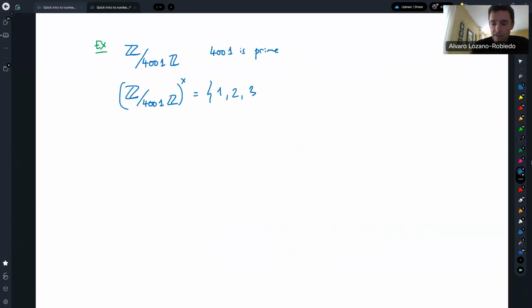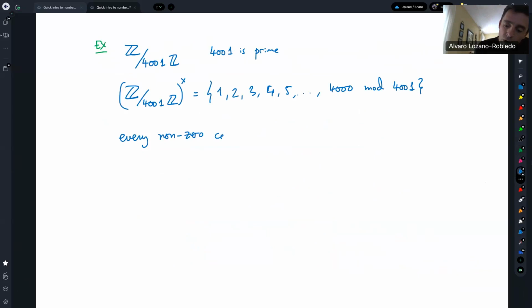The number 2 is, the number 3 is relatively prime, the number 4 and the number 5, etc. Every number up to 4000 will be relatively prime to 4001, and 4000 is 4001 minus 1, so I'm done. So everything modulo 4001 is a unit. So every non-zero congruence class modulo 4001 is a unit.